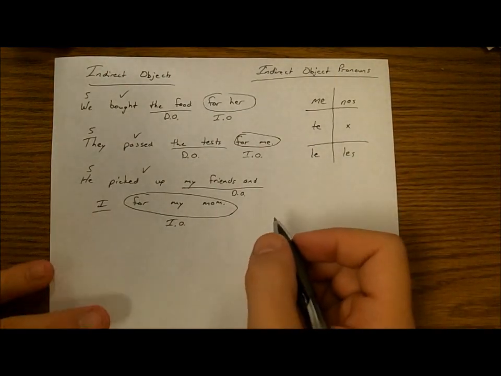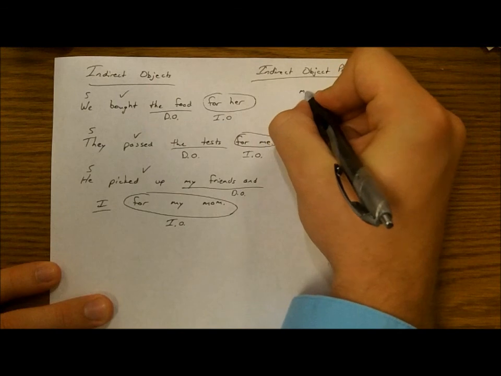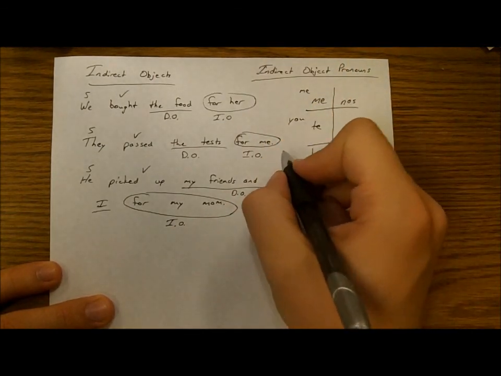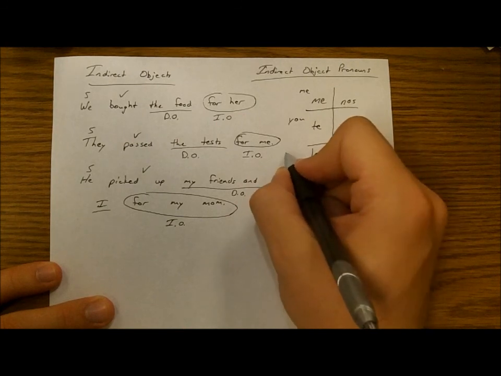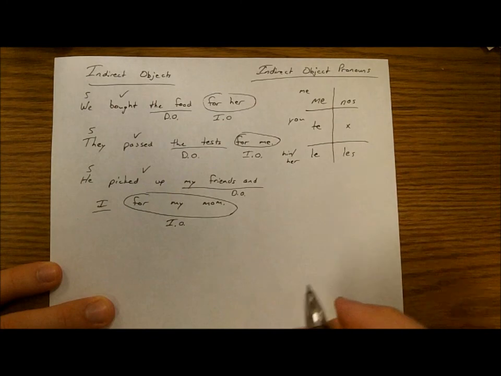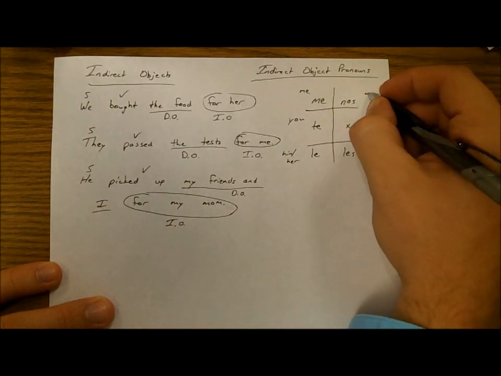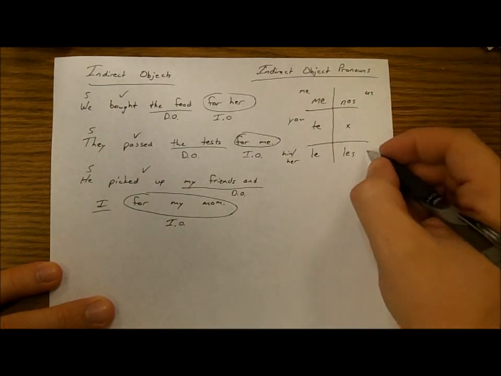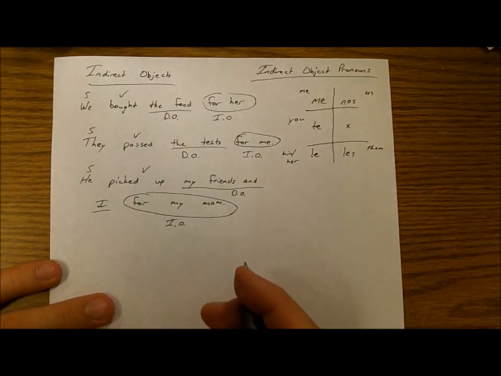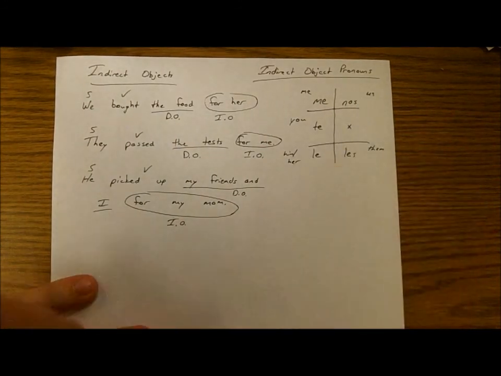So me, me; te, you; le would refer to him or her; nos, us; les, them. When you're using indirect object pronouns, just like direct object pronouns, they always go before the conjugated verb.